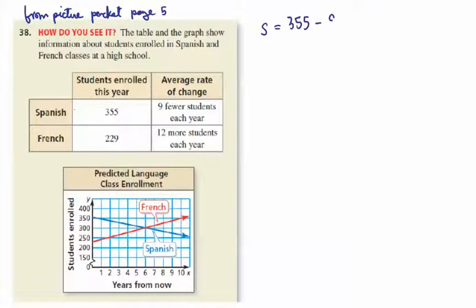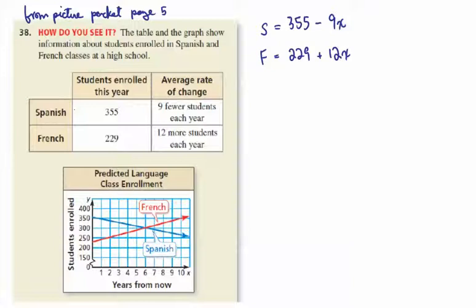So we're going to subtract 9x from that. Then the number of students in French this year is 229, but they are increasing at a rate of 12 students per year. And so we have our two expressions.